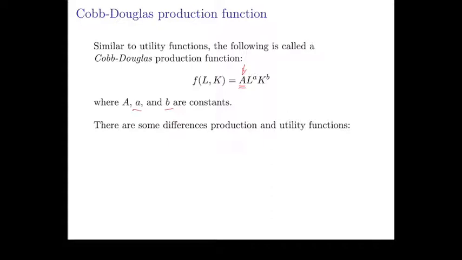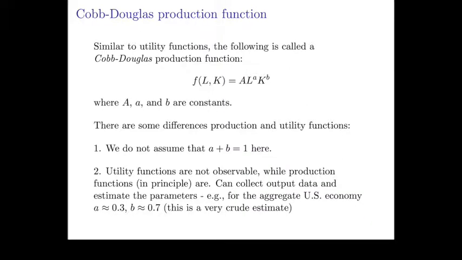Now there are some differences between the Cobb Douglas production function and what we saw as the Cobb Douglas utility functions. We're not going to assume here that a plus b equals 1. Remember, the utility that we wrote down for Cobb Douglas was U of Q1, Q2 equals Q1 to the a, Q2 to the 1 minus a. In other words, we were assuming that b was just 1 minus a, so a and b sum to 1.